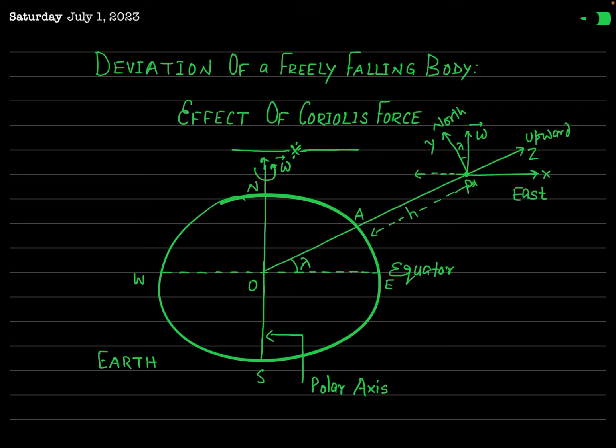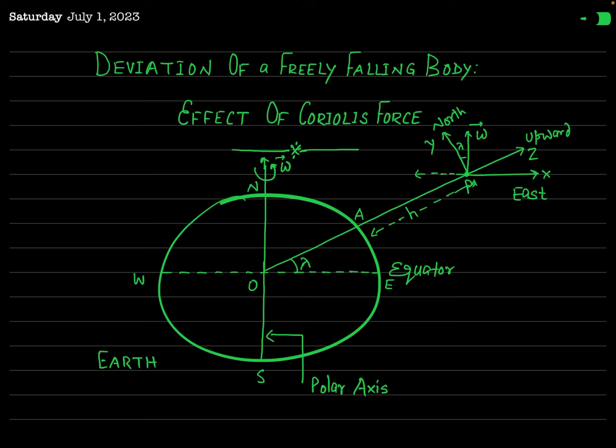But actually, our earth is rotating about its polar axis from west to east with a constant angular velocity omega, and this angular velocity omega is along the polar axis of our earth. So in fact, earth is not an inertial frame, it is a non-inertial frame, because it is a rotating frame.